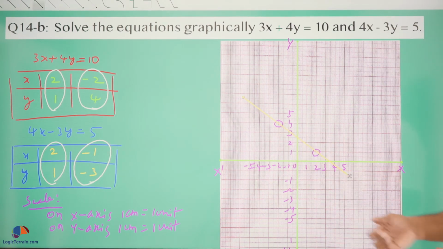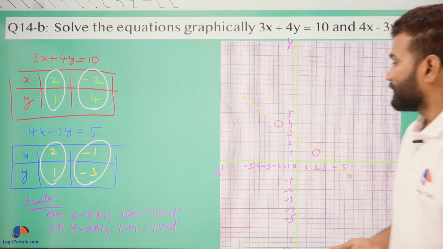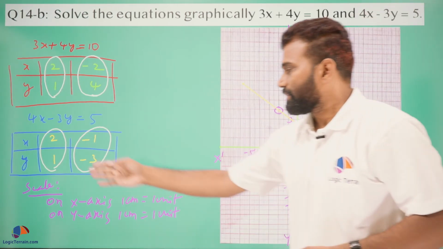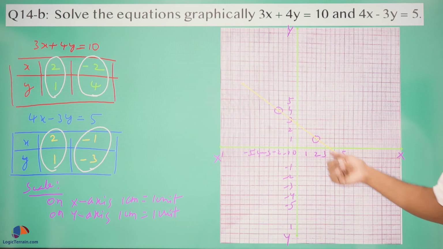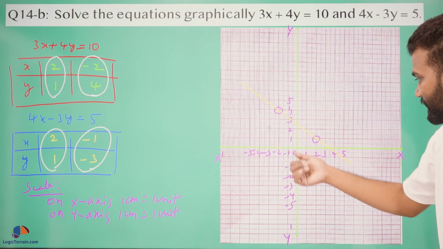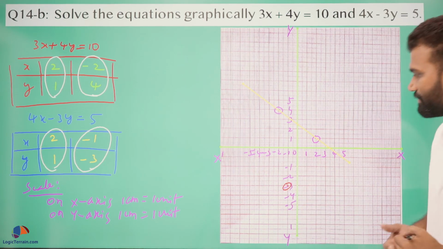On joining these two we get a straight line. Now plotting the second points, here is the first point 2 comma 1, here it is, the same point, and the second point negative 1 comma negative 3. Here is negative 1 and here it is negative 3. It will be somewhere here.